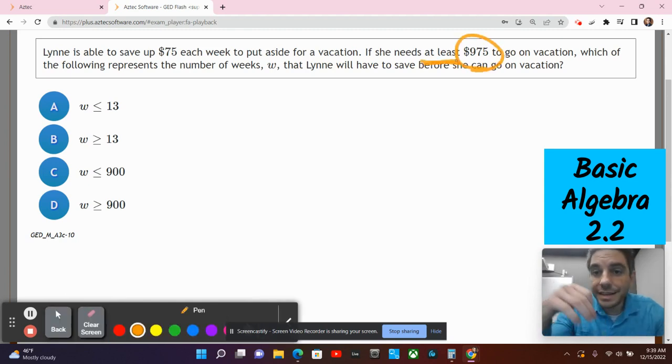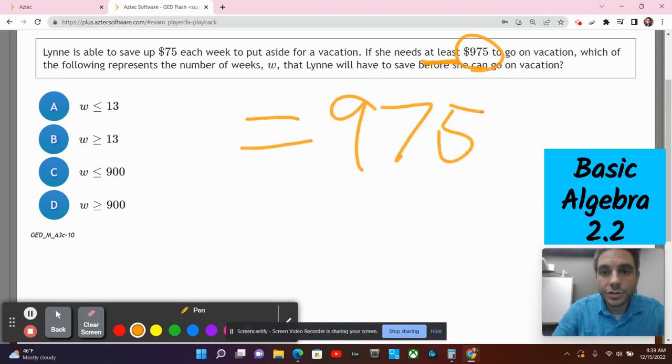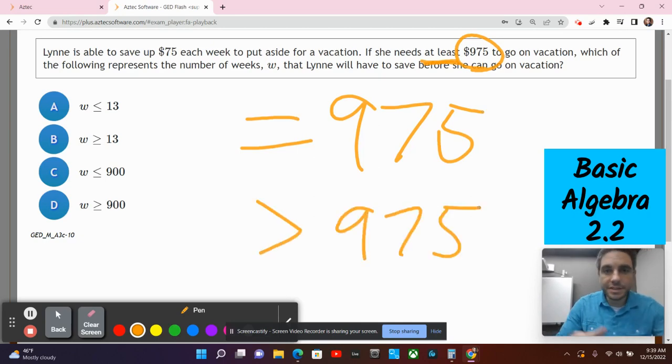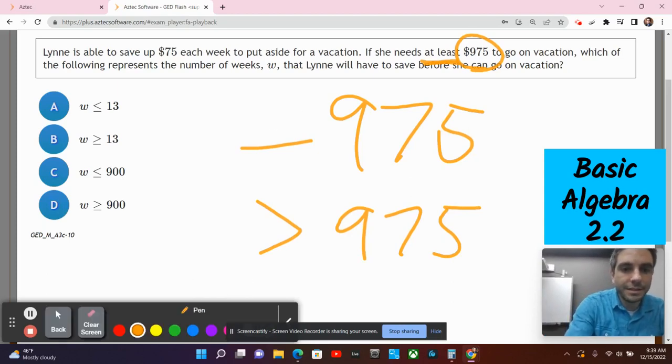So if she needs to save at least $975, to me that means she needs to save $975 exactly, so she could be equal to 975, or she could save more than 975. So what we do is instead of writing that as two statements, we put it together as a single statement using this one single symbol, greater than or equal to.